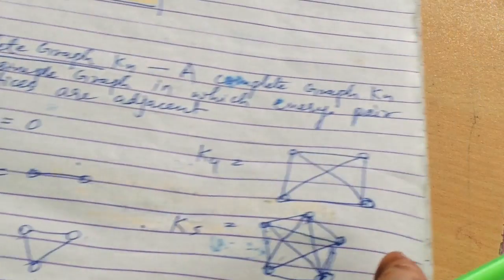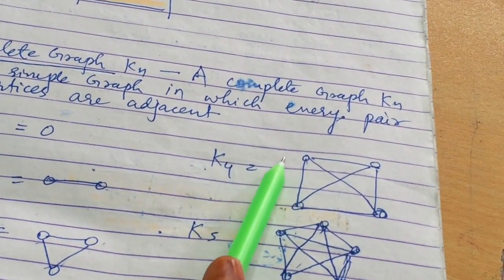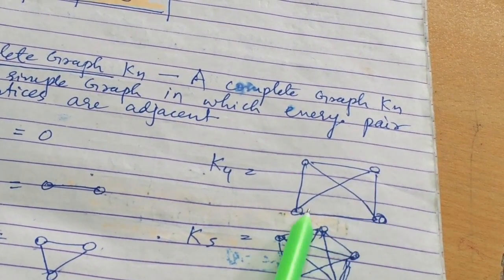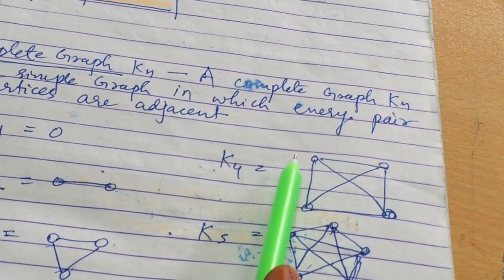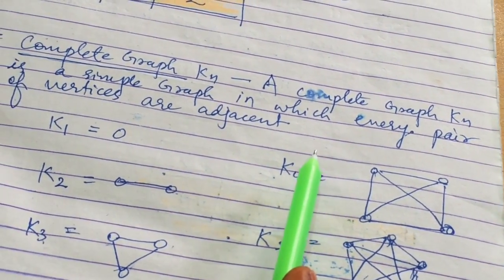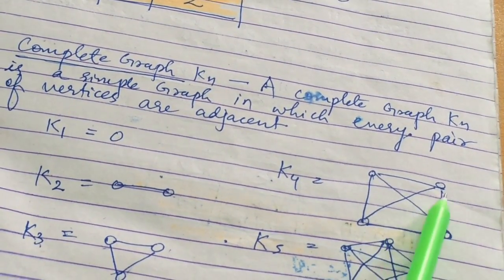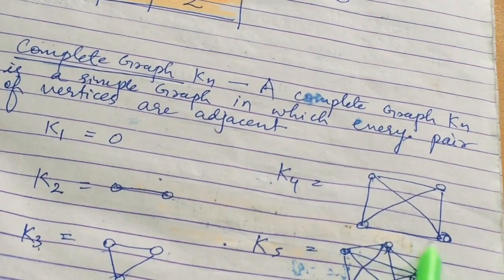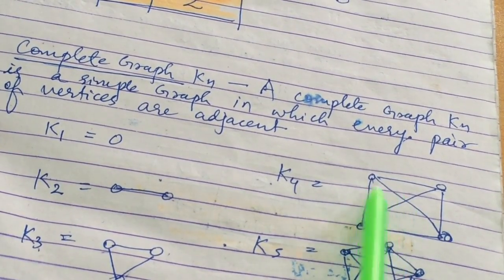So now take the example of 4 vertices, K4. So here these are 4 vertices, 1 2 3 4, and all are adjacent to each other. Okay, so this is connected, this is connected, these are connected, these two are also connected, and this is also connected.